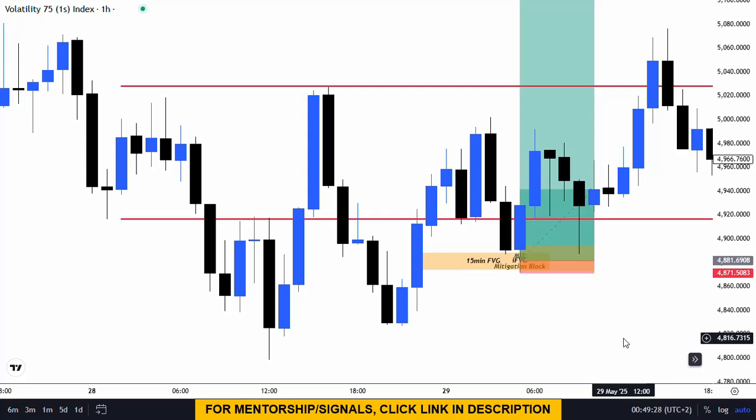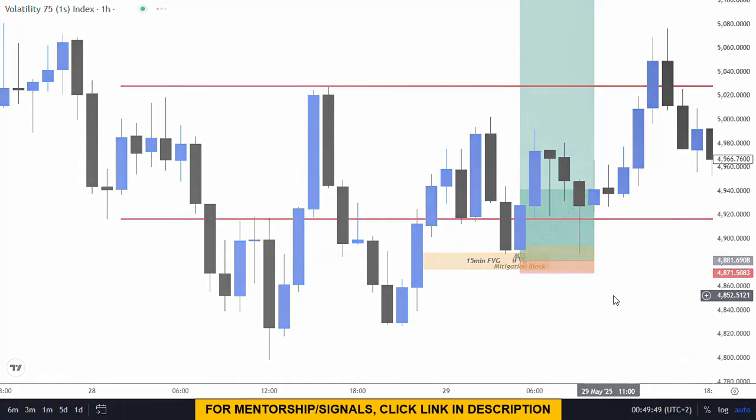This is an area where you're looking for a potential trade entry. That's a point of interest. So here you can see this is the 1 hour point of interest. You have this big fair value gap. It's just that on the 15-minute chart it was more narrowed down. That's why I like the 15-minute chart.